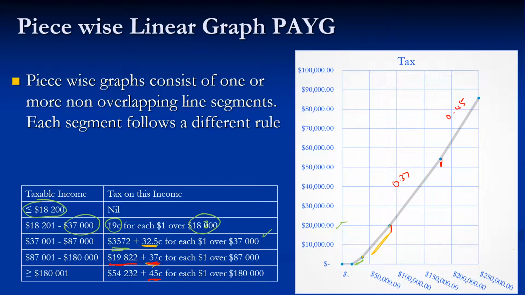And so you can see that this piecewise linear graph has one or more non-overlapping line segments, and each of those segments follows a different rule. And you can see that the gradients are changing, in particular here, as we are going along.